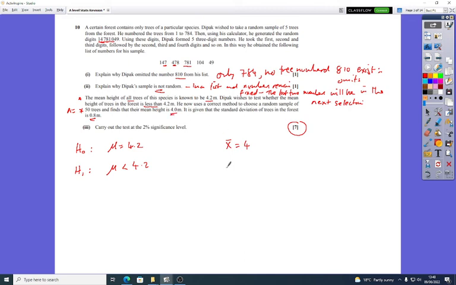So we know that because it's a sample, the sample mean will follow a normal distribution, and in this normal distribution we will say that the mean is what we are predicting it to be, what the whole forest is.